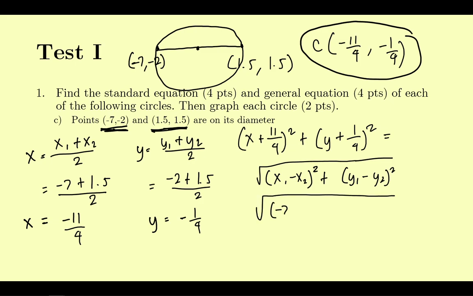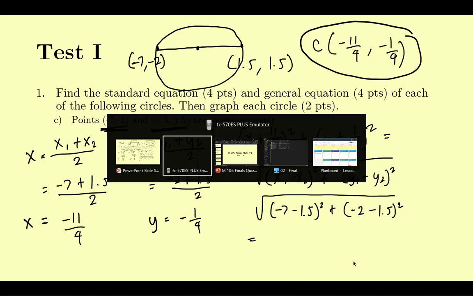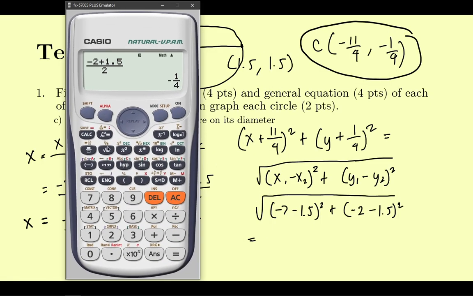Okay, negative 7 minus 1.5 squared plus negative 2 minus 1.5 squared. Simply plug it into the calculator. Oops, syntax error.